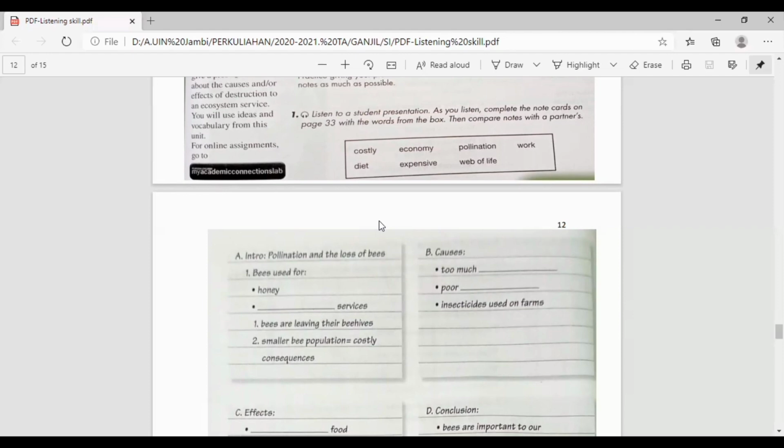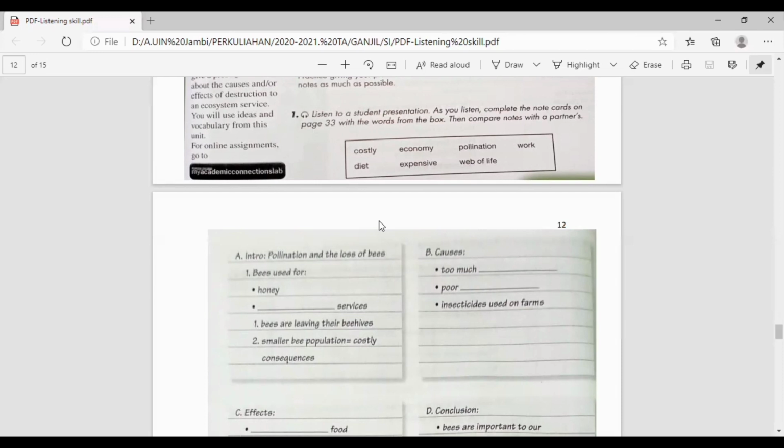Like I said, there are serious consequences of losing bees. With no bees, people will have to pollinate all the foods that depend on insect pollination, including apples, onions, and about 150 other fruits and vegetables. This would cause the food to be very expensive and not as good. So, in other words, losing bees is very costly for the economy.